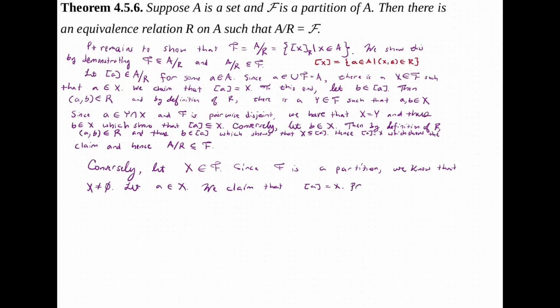So proceeding, as in the previous claim, this shows that the equivalence class of A is equal to X, and thus X, which is then the equivalence class of A, is in A mod R, which concludes the proof.